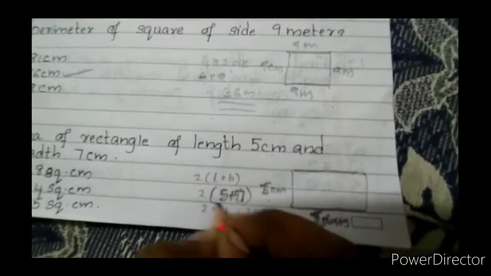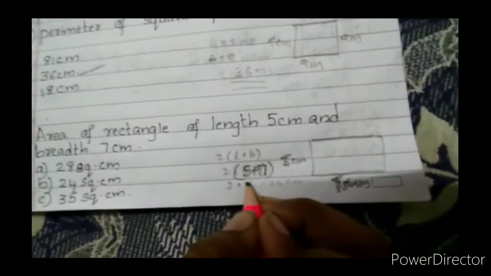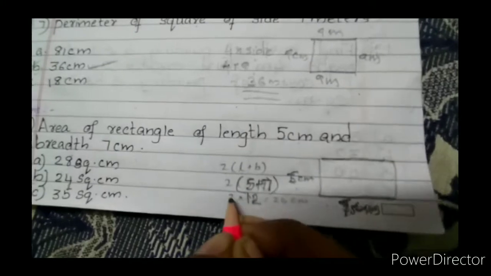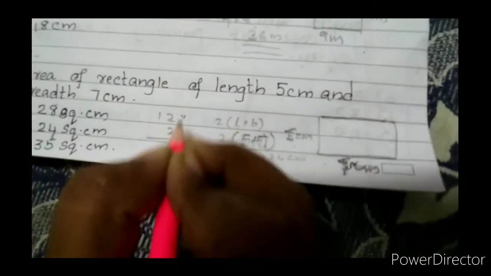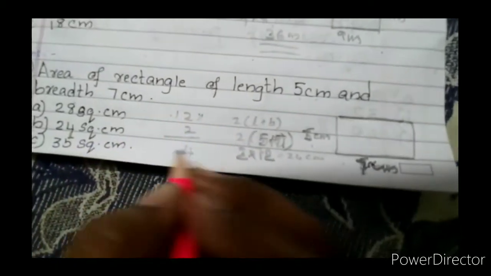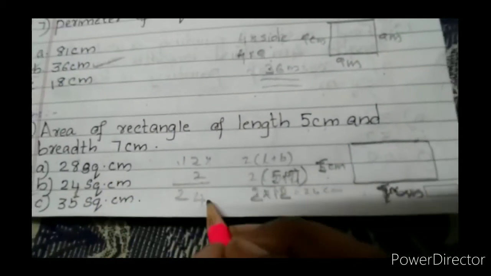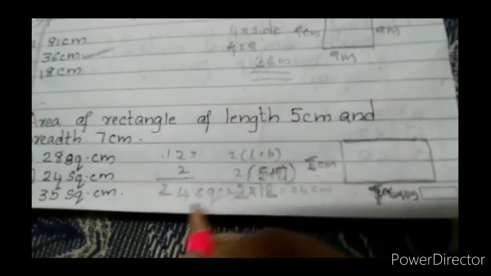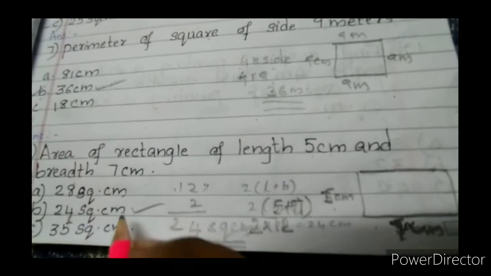First you solve the bracket. 5 plus 7 is 12. Then 2 into 12 is 24. How to write the unit? Square centimeter. 24 square centimeter. B is the answer.